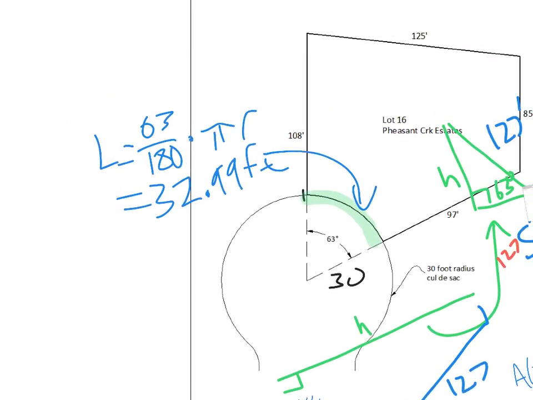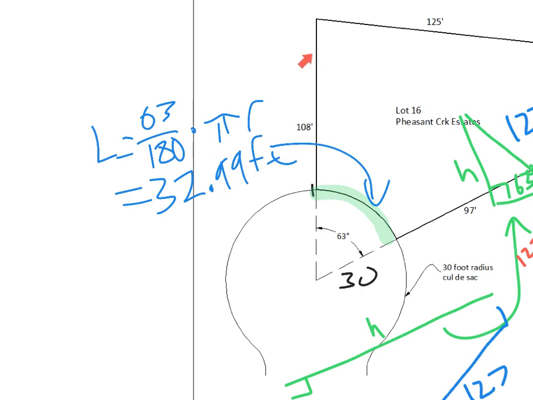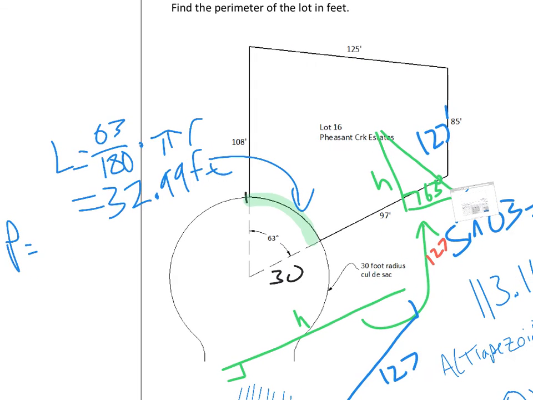We can find the perimeter of the whole thing. Perimeter is just the distance around. Okay, so if we take these and put them all together, we'll have the distance around. We've got the 108. We've got the 85. We've got the 108. Whoops, 125 we're missing. Plus the 97.